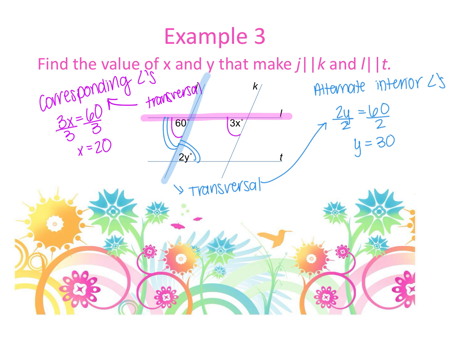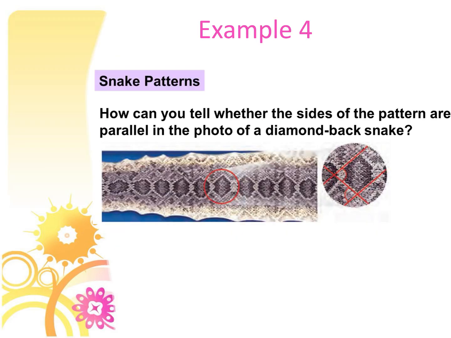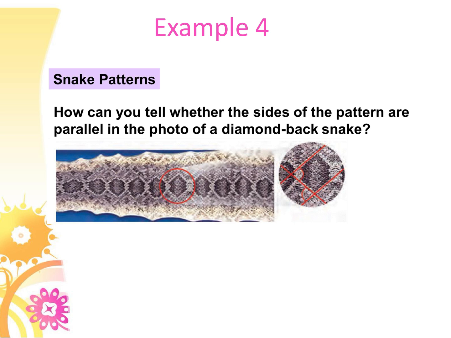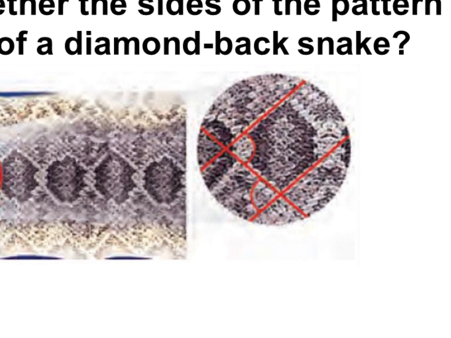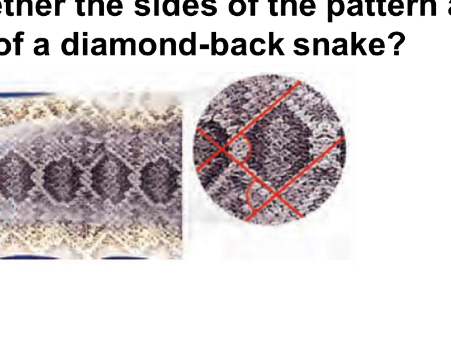All right, looking at example number 4, it says, how can you tell whether the sides of the pattern are parallel in the photo of the diamondback snake? So looking at the pattern, they're kind of giving you the diagram. I know it's a little hard to see, but looking at it, you see you have a transversal and 2, well, we don't know if they're parallel.